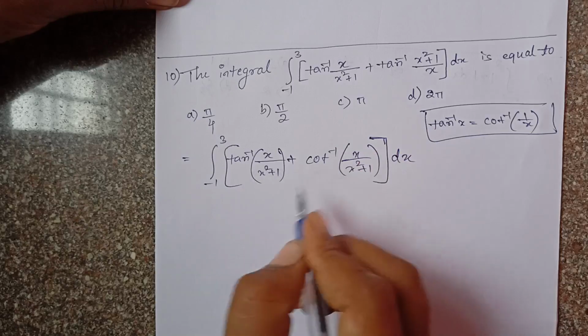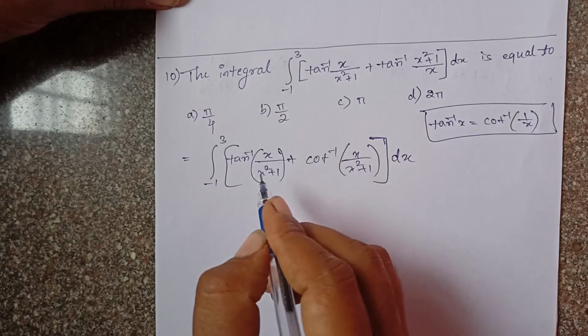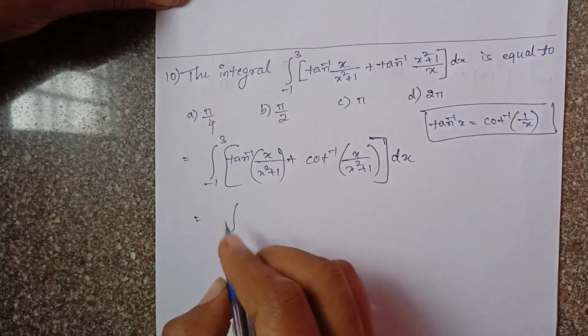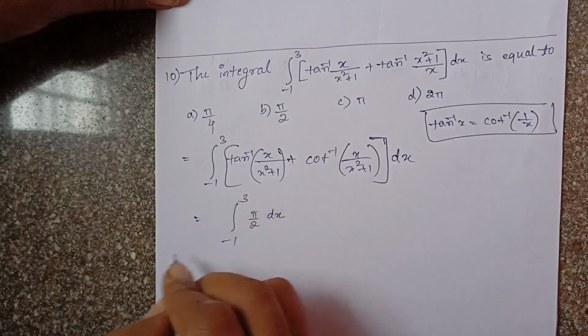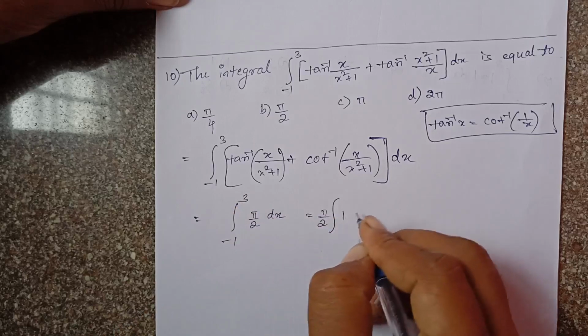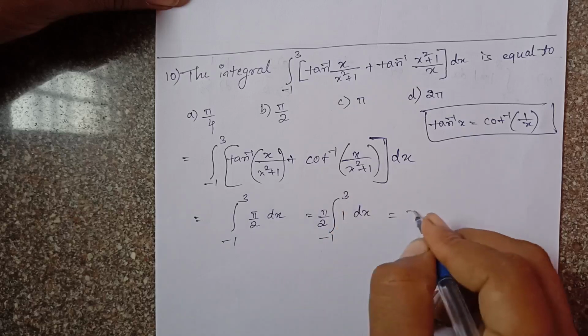Tan inverse of x plus cot inverse of x, sin inverse of x plus cos inverse of x, and also secant inverse of x plus cosecant inverse of x, all equal to pi by 2. Pi by 2 into dx from minus 1 to 3. Pi by 2 is a constant multiple, write it out of the integral. Pi by 2 into integration of 1 with respect to x from minus 1 to 3.